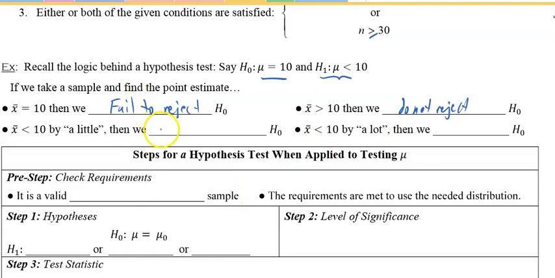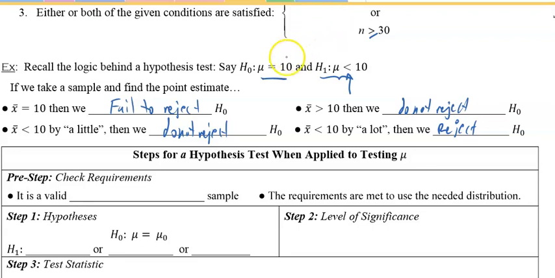If the mean is less than 10 by a little, we do not reject. And if the mean is less than 10 by a lot, then we reject. Now, how do we decide if it's a lot or not?